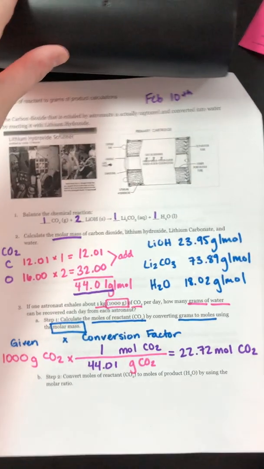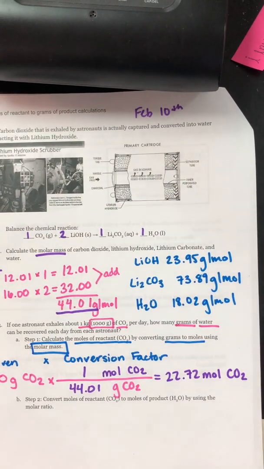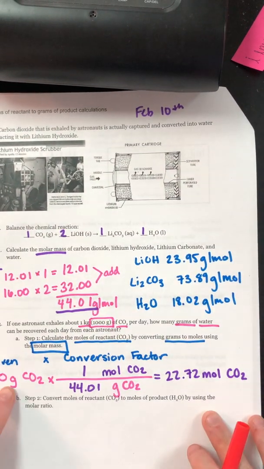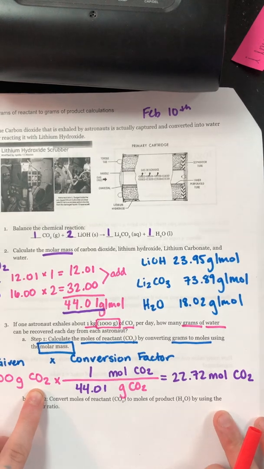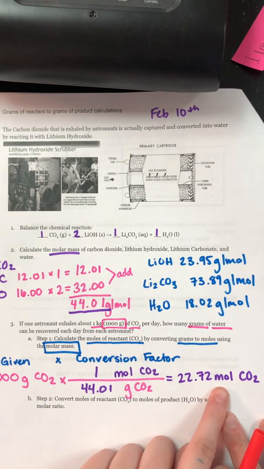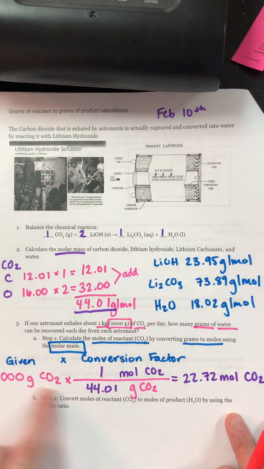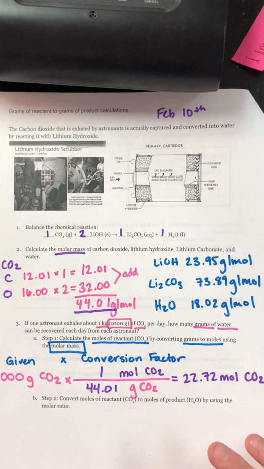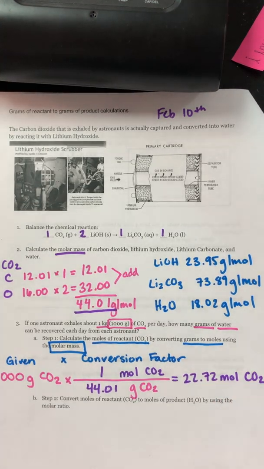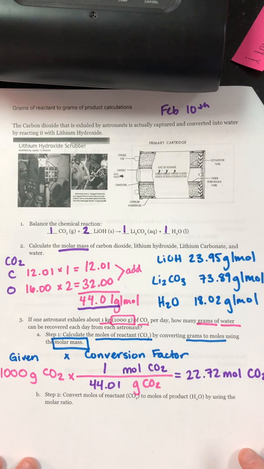What this really means is it's the same exact number as this 1,000 grams of carbon dioxide. It's just in a different unit. We just converted the grams to moles, all right? So it's the same thing, just in a different, more useful unit.